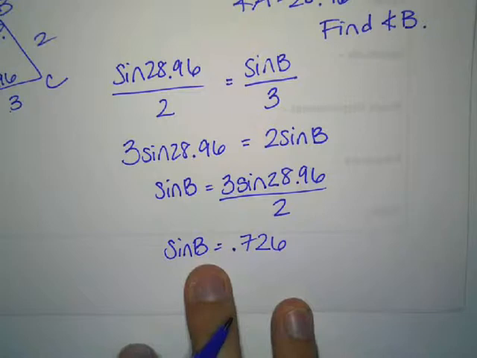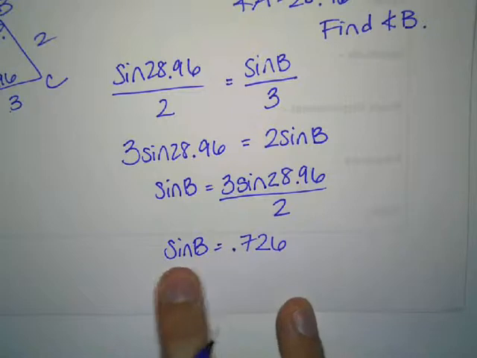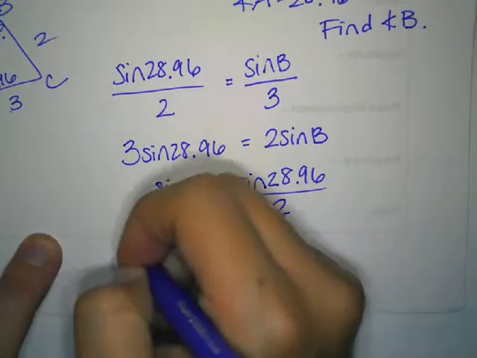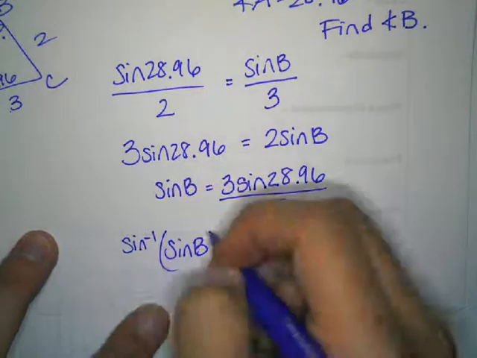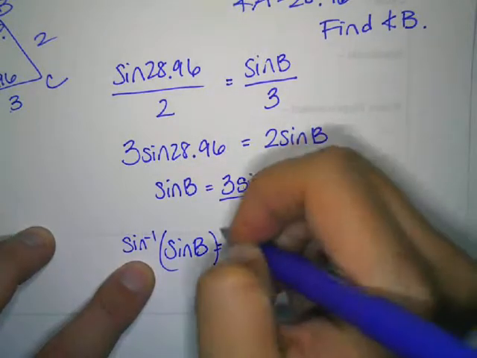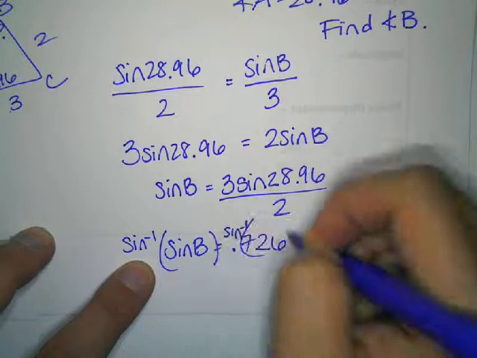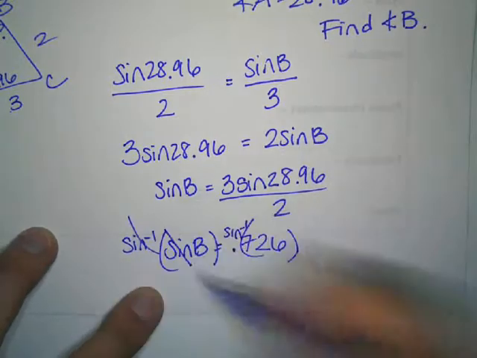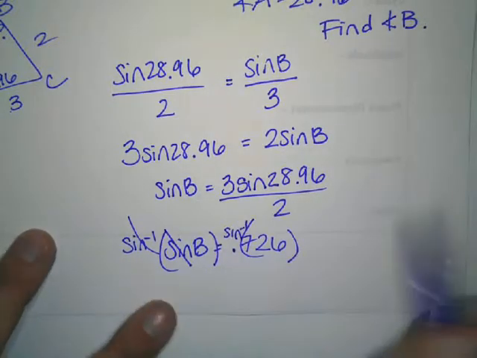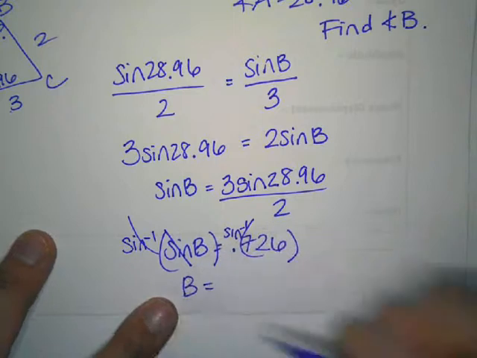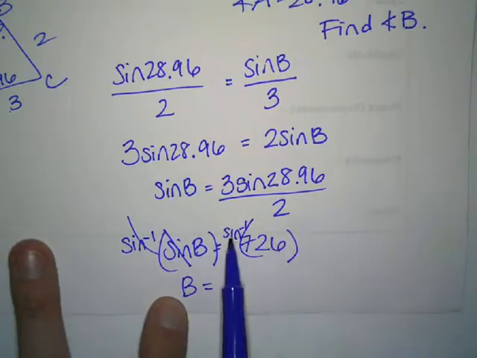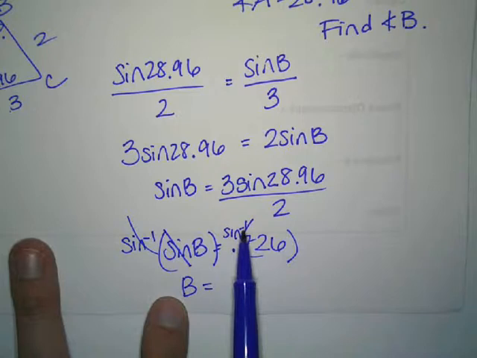Alright, so at this point, if I want to find angle B, it is right now stuck in the argument of sine. How do I get rid of the function sine? Careful of the way you say it. The inverse sine. Good. Inverse function for sine. Those will cancel, because opposite functions cancel, leaving me with B. And then we have to actually punch out inverse sine of 0.726.